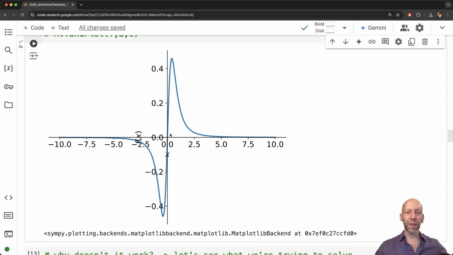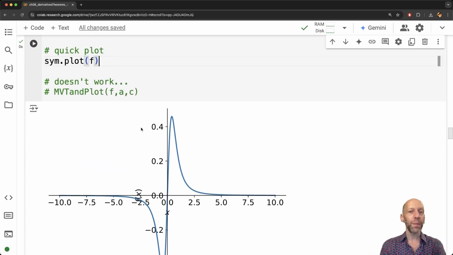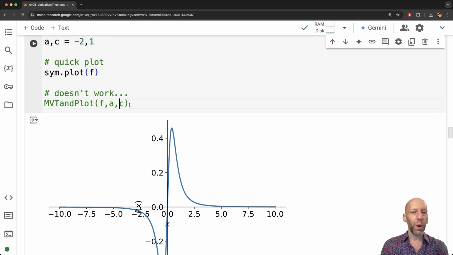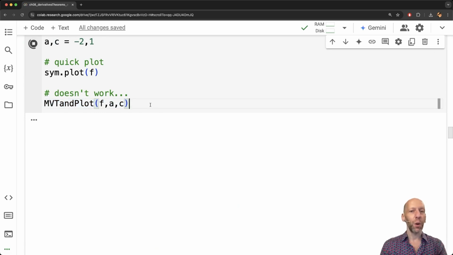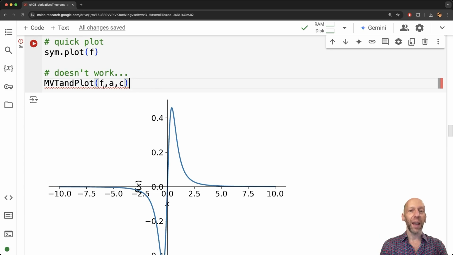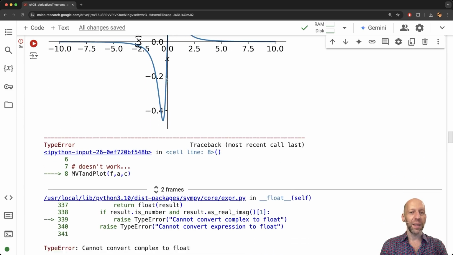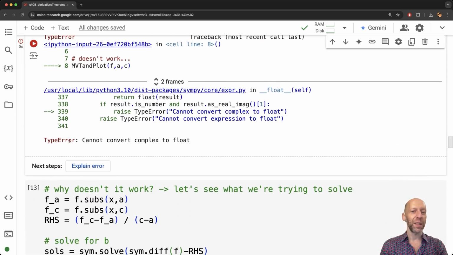There's no infinite discontinuities or oscillating discontinuities. It's not a piecewise function. Nothing crazy about this function, at least based on visual appearance. Okay, so now let's see what happens when we try to run the mean value theorem code that we had before. So we get an error, and let's see, what is the error message? The error message is cannot convert complex to float.